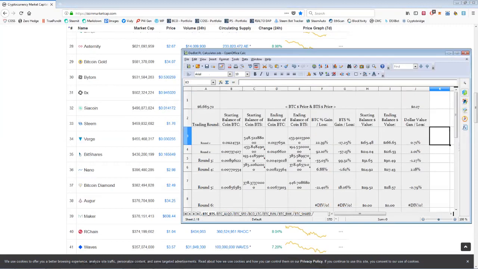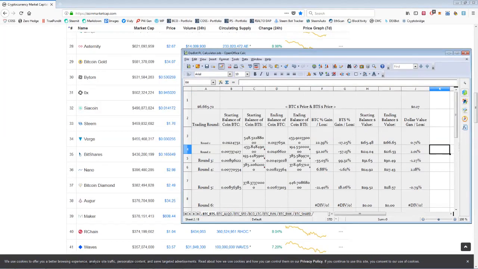Now we can look here using these current prices. Looks a lot different here. So the first round I increased by 0.75%. Second round I'm up 2%.